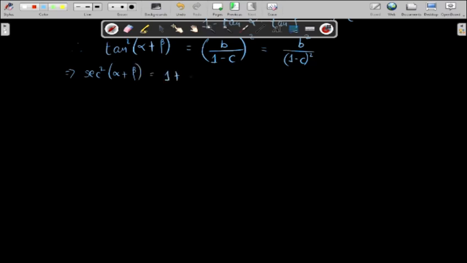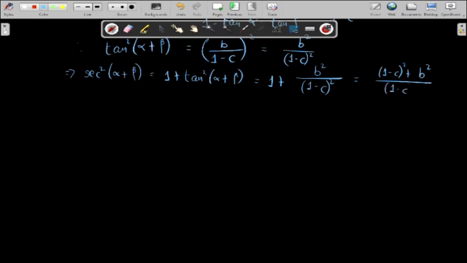Sec square alpha plus beta will be 1 plus tan square alpha plus beta. So this is 1 plus what we derived above, b square upon 1 minus c whole square, which after taking the LCM gives 1 minus c whole square plus b square upon 1 minus c whole square.